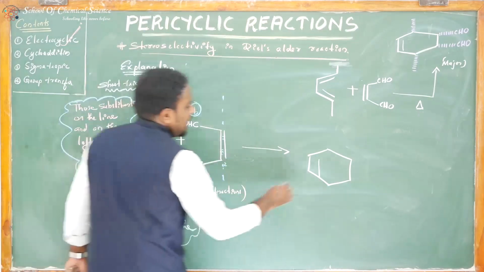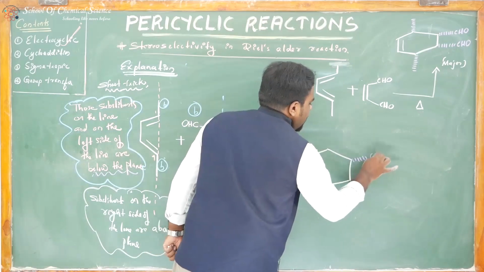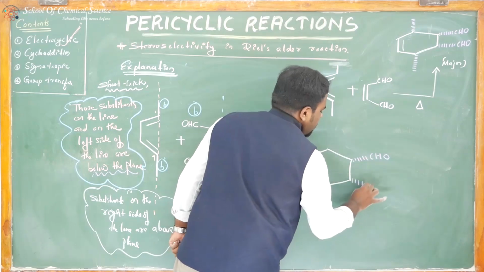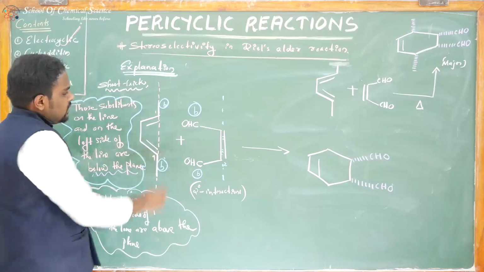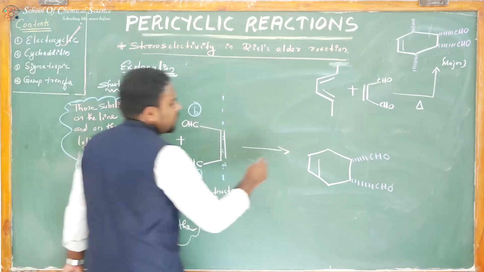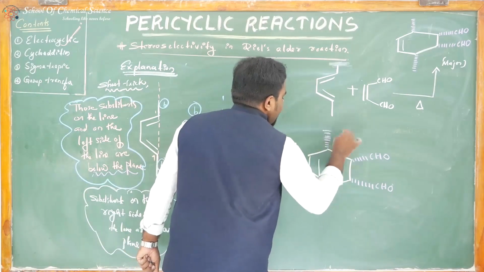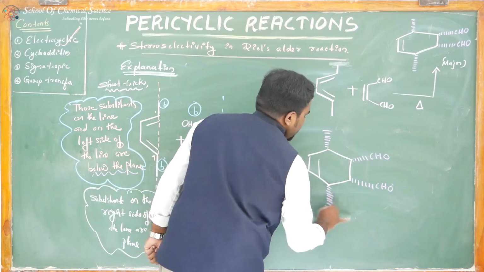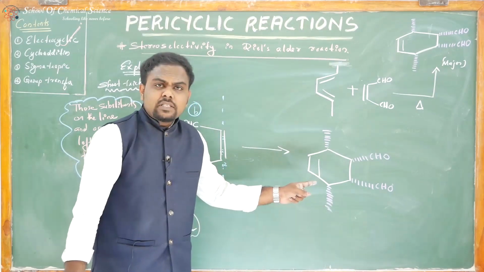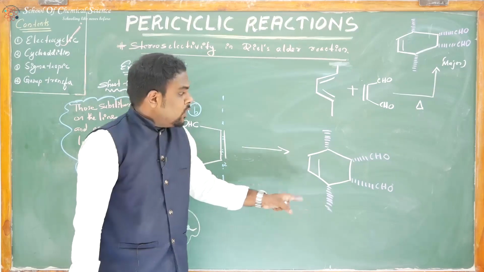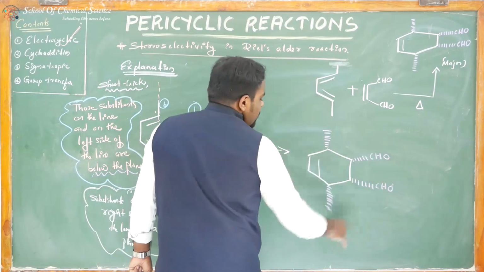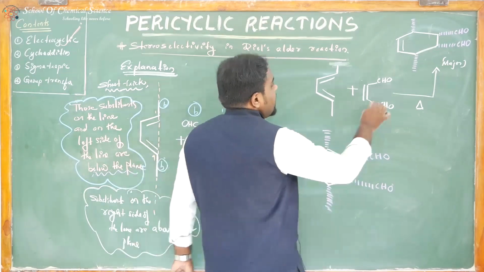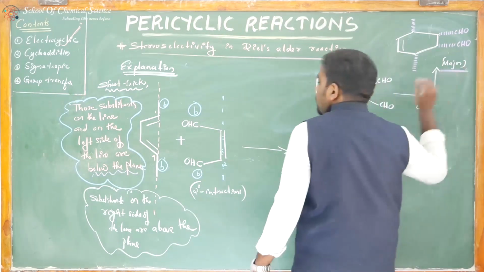These two substituents are below the plane: CHO, below the plane. These two methyl groups are also below the plane. Below the plane can also be represented using a solid wedge. So all 4 substituents have the same stereochemistry, and this will be your major product.